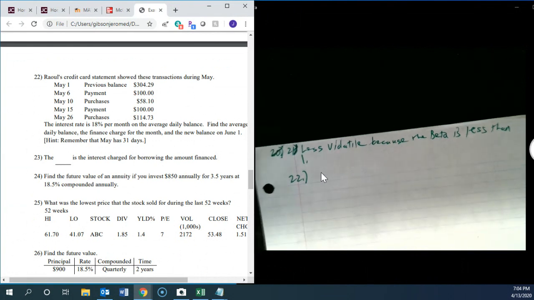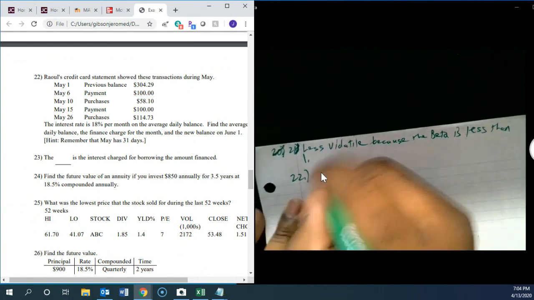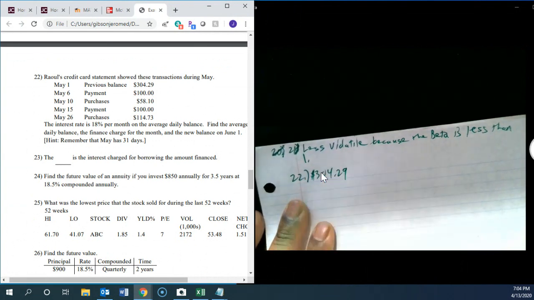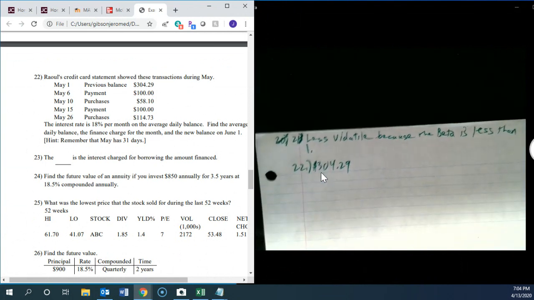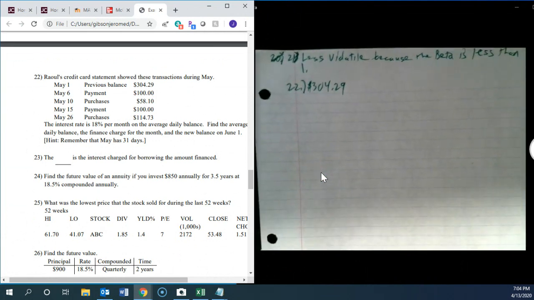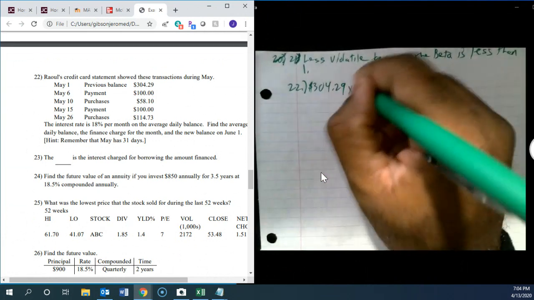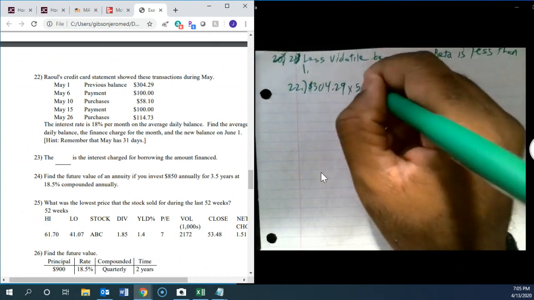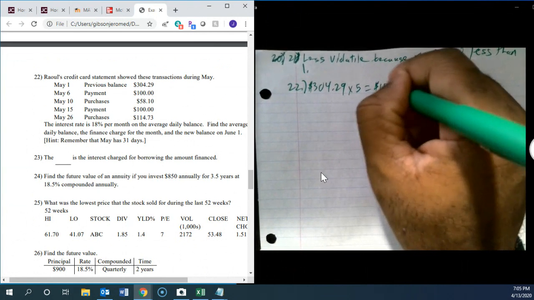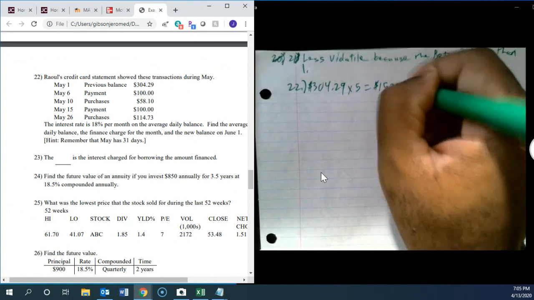So what we would do is first we would start off with the $304.29. That's our starting value. Now it's from May 1st to basically the 5th, because we wouldn't count the 6th, since that's when the balance changed. So we'll multiply this by 5, and that would give us $1,521.45.